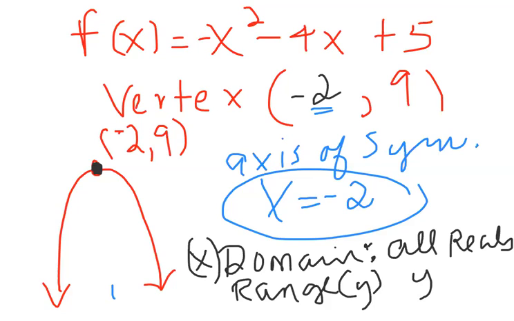Are they going to be above the 9 or below the 9, guys? All the y values, answer that. Are they above the 9 or below the 9? Below, okay?